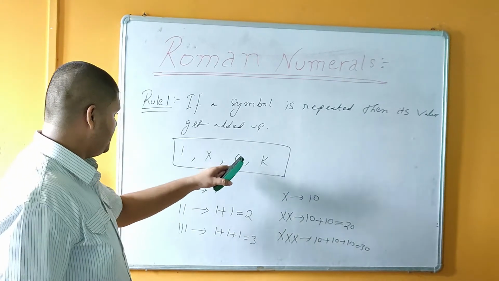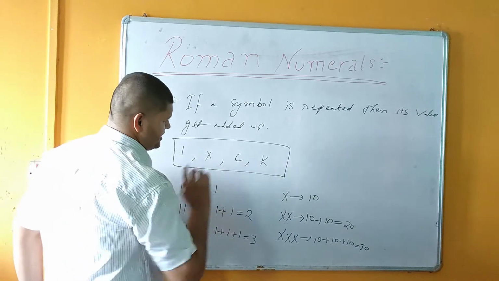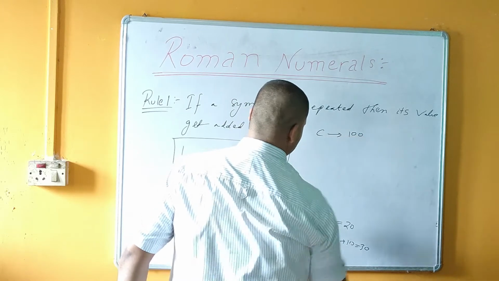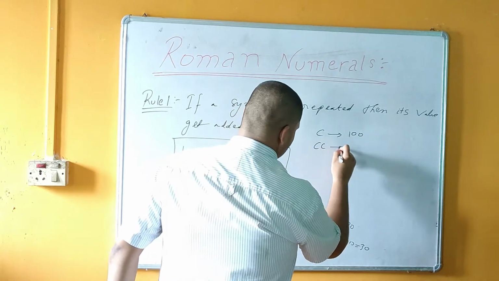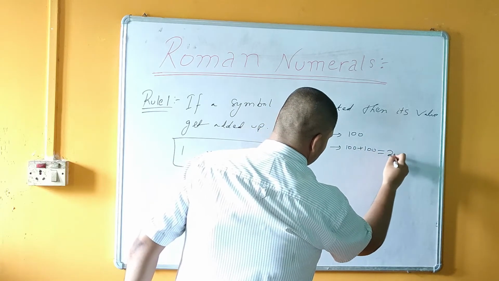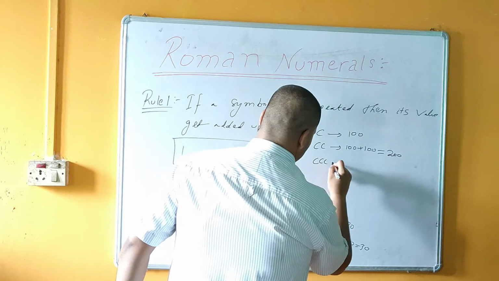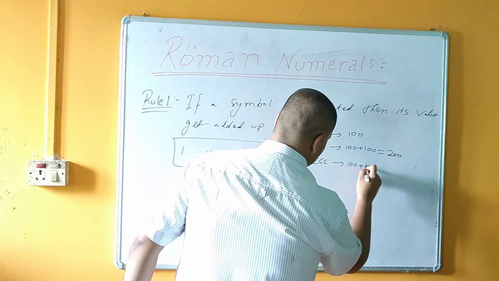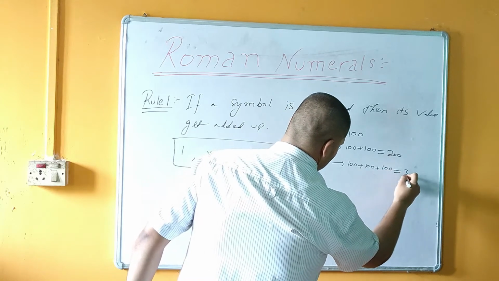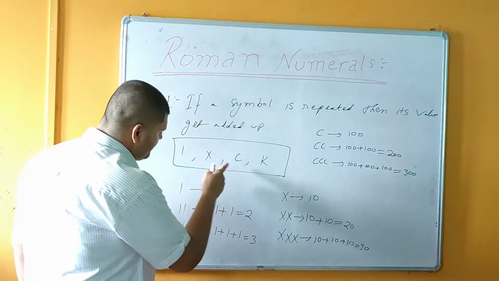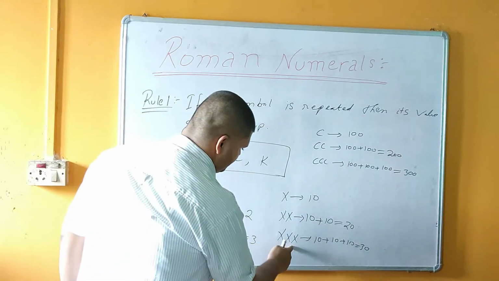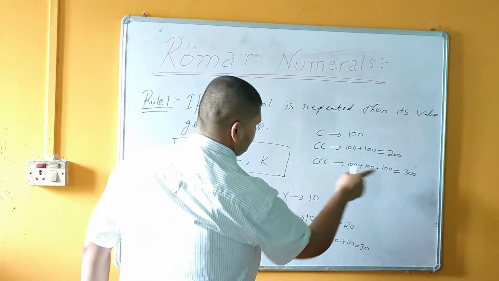If you still want me to do this for the others, I can go here. C means 100. Double C means 100 plus 100, which gives 200. Triple C gives 100 plus 100 plus 100, which is 300. For I, X and C, a maximum of 3 times repeated.